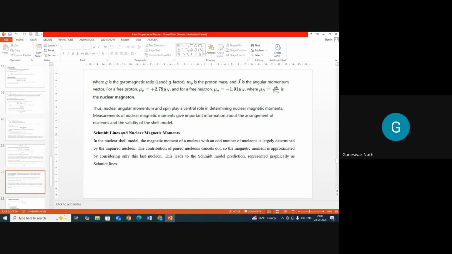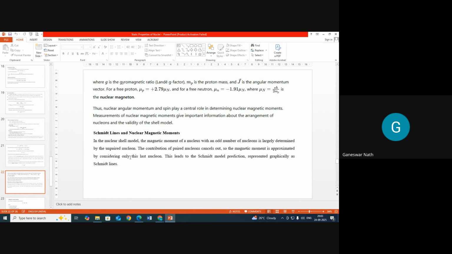For the shell model discussion, we need all types of angular momentum: orbital angular momentum, spin angular momentum, total angular momentum, then the spin coupling factors, and also the magnetic moment. About the spin orbital, we have the Schmidt lines and the nuclear magnetic moment, because the Schmidt lines explain all these factors well.